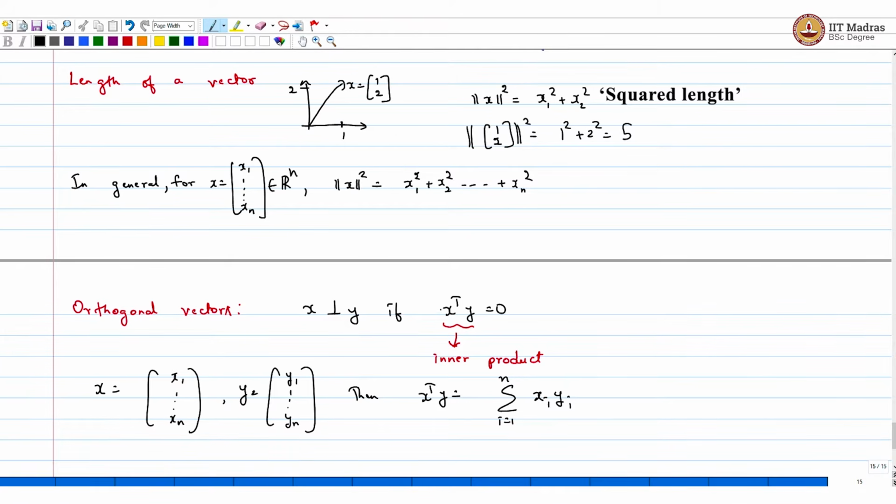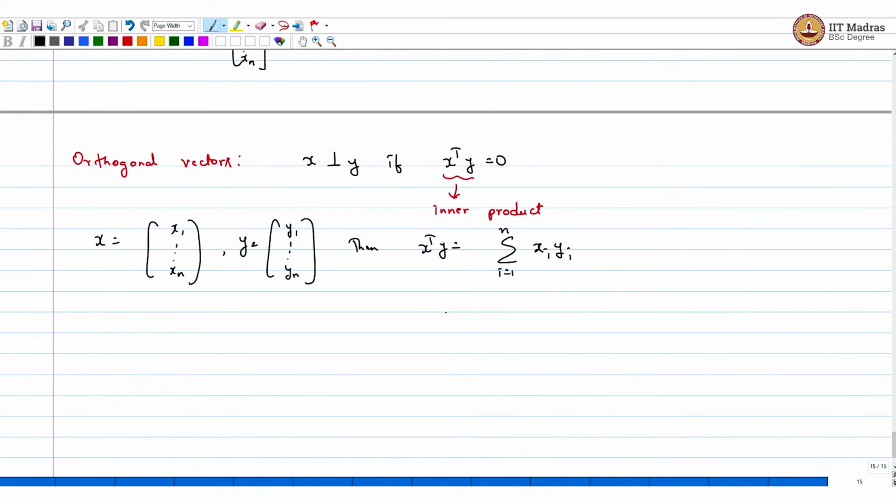Now this definition coincides with our notion of a right angle triangle or Pythagoras theorem.